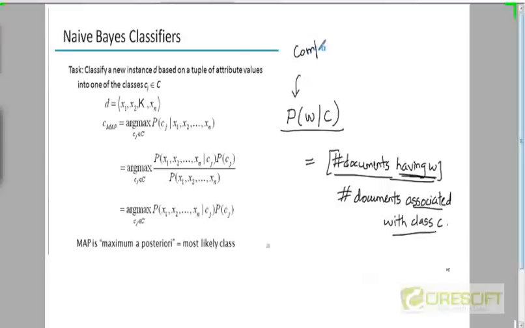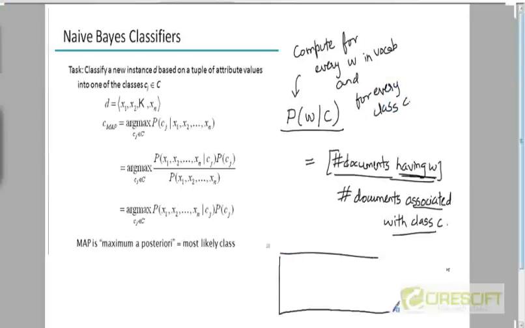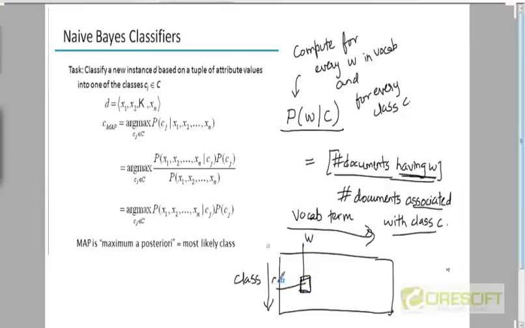Okay, so compute these for every word W in the vocabulary and for every class C. So you can imagine having a table where for each class and for each vocabulary word or vocabulary term, you have a number indicating, for a particular word W and for a particular class C, how many times the word W appeared in documents of class C.